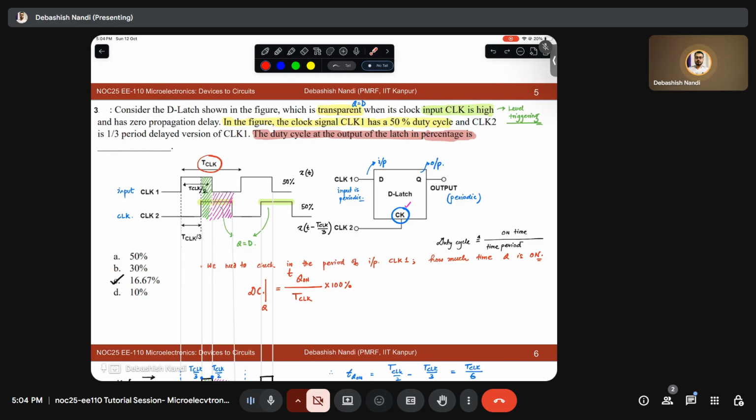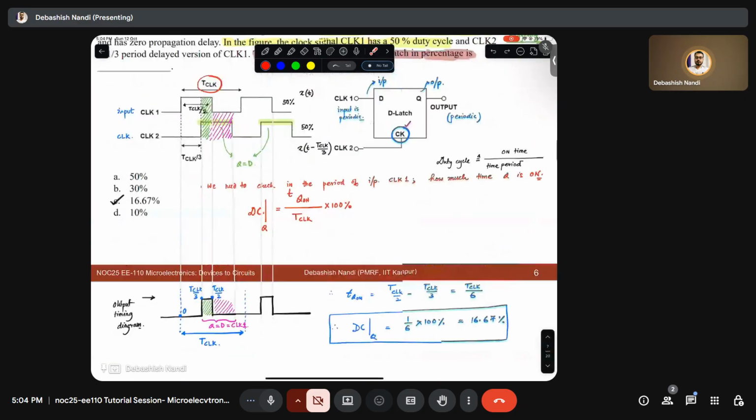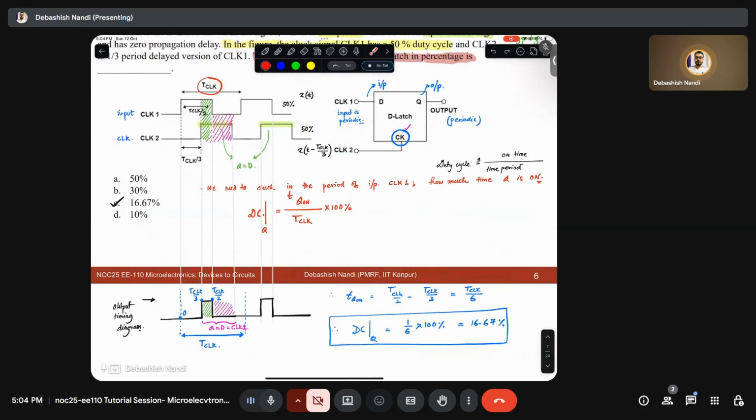Then we tried to draw the output characteristics. We have noted that only when clock 2 is on will it follow the Q value. So it is following the Q value. But we want to calculate the duty cycle of the output, so we are interested in the on portion of the output. So that is this portion. I have noted that this is also moving with the same period of T clock.